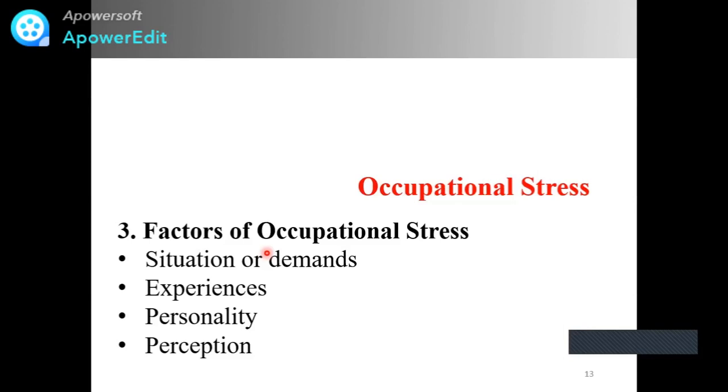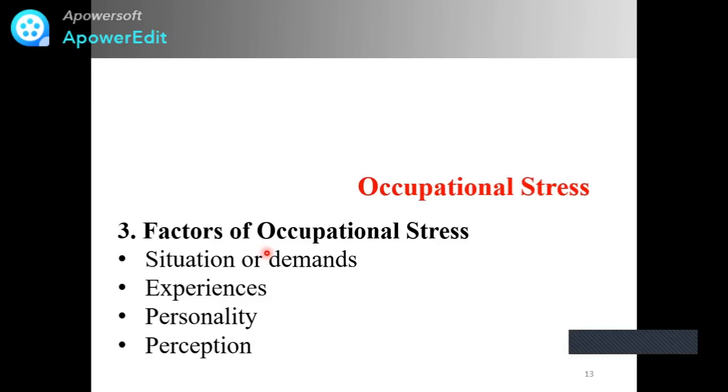The second one, experience. If you are more exposed to a repeated situation, you can tolerate the stress because of the experience. However, if you are facing a new situation or demand, it will be more stressful because of the lack of experience. The third one, personality. Tolerance level of stress depends on your personality. If you have a strong personality, you can tolerate stressful situations easily.